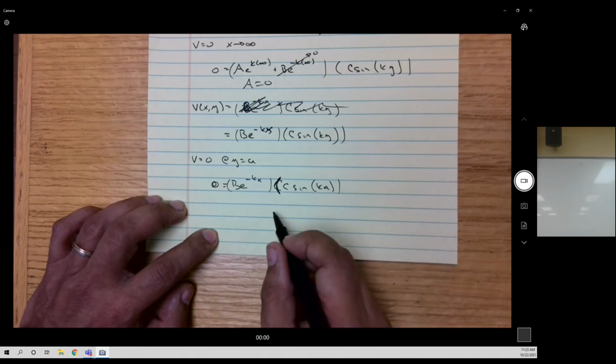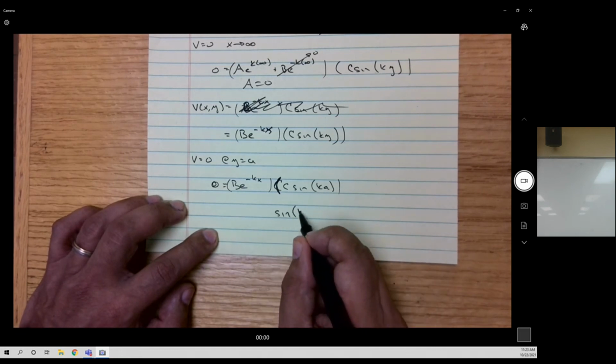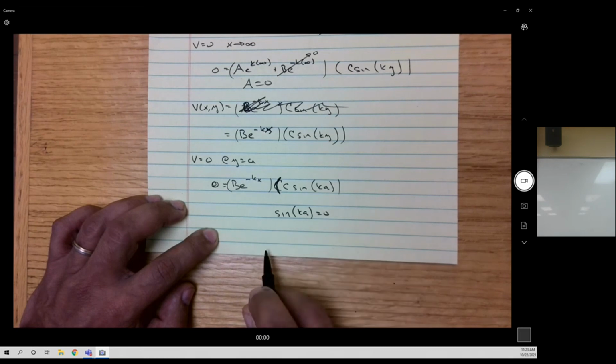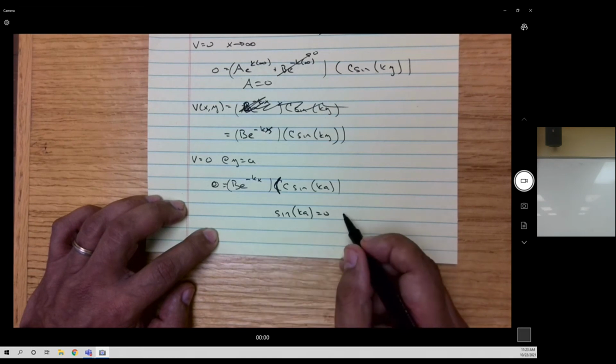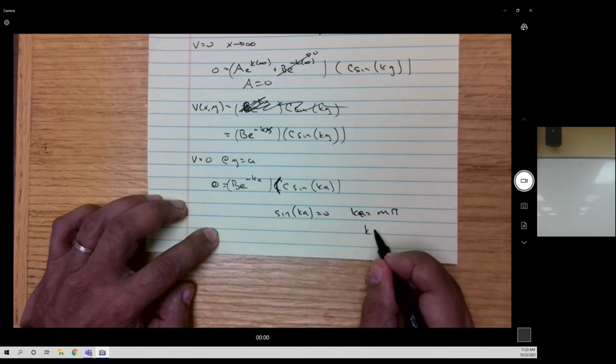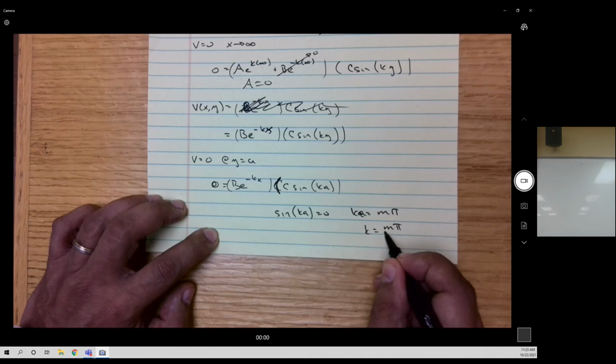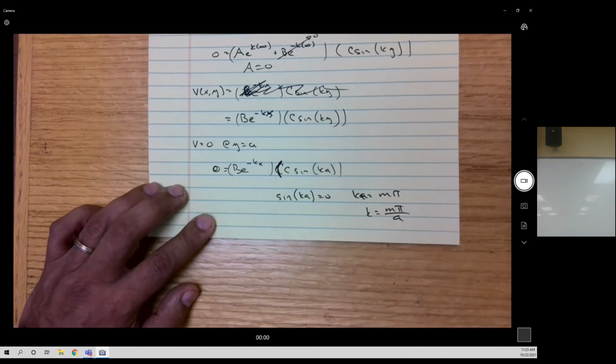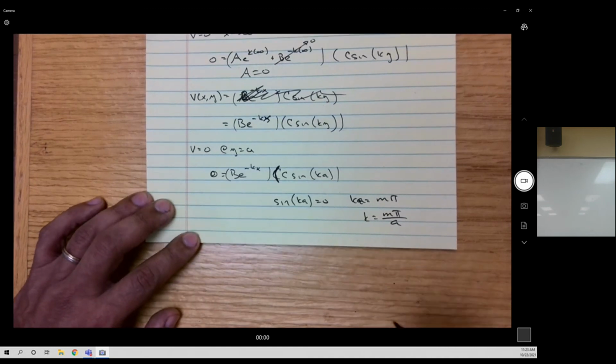So we want sine ka to be equal to 0, and that will imply that ka will be a multiple of pi. So k will be m pi over a, and m can be integer values.